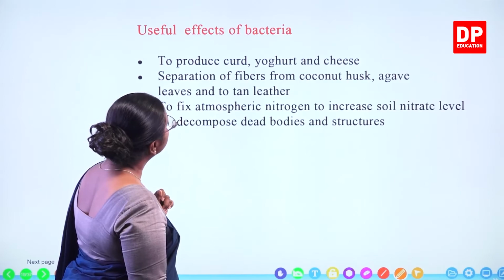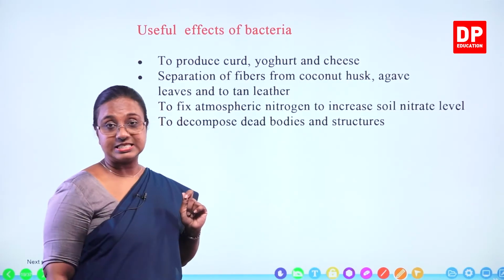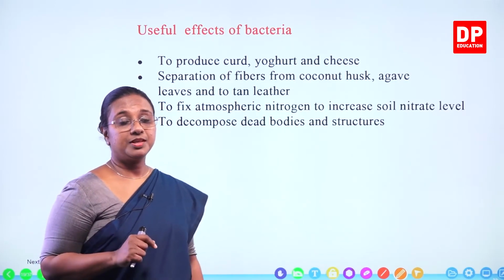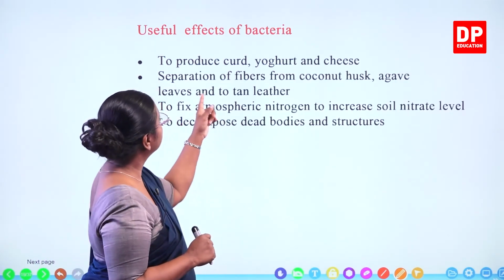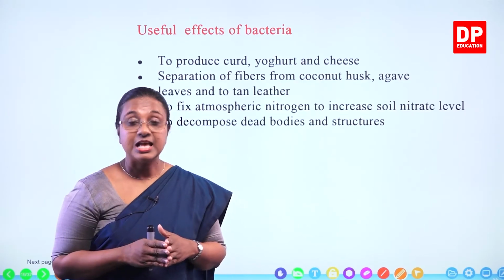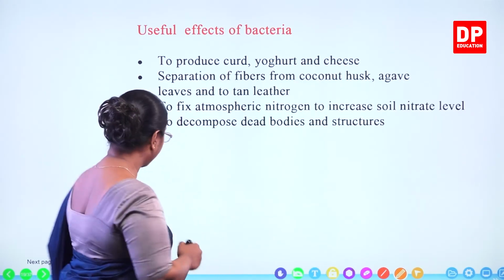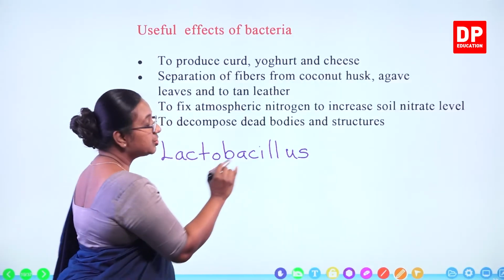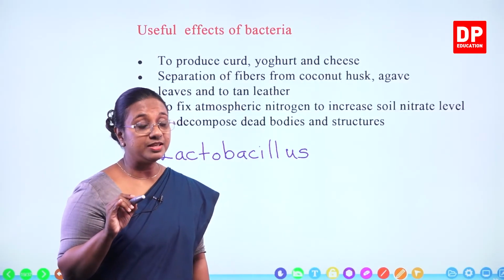So to produce curd, yogurt and cheese, that is one useful effect. What are the bacteria? Can you all remember the names? Lactobacillus, streptococcus. Now here students, you all know these are scientific names.